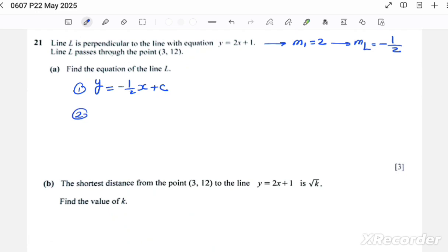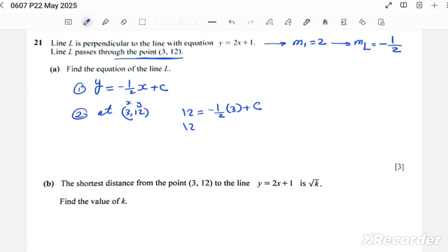So the point we have on the line is (3, 12). So at (3, 12), this is x and this is y. So 12 equals negative 1 over 2 times 3 plus c.